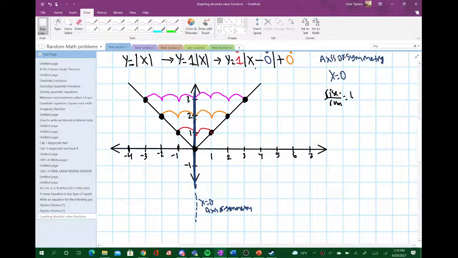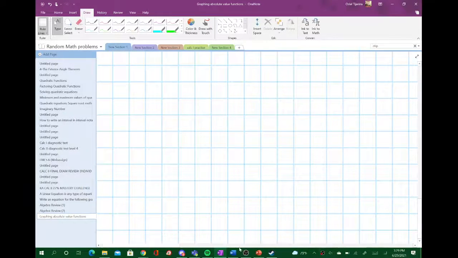To be honest, I like to use vertex form because I feel like that's the more college way of doing it. But like I said, if you're in high school, you can use table form if you really don't understand how to do it using vertex form. But it's very important that we push ourselves to understand both ways of graphing this. So we're going to look at some other ones now.